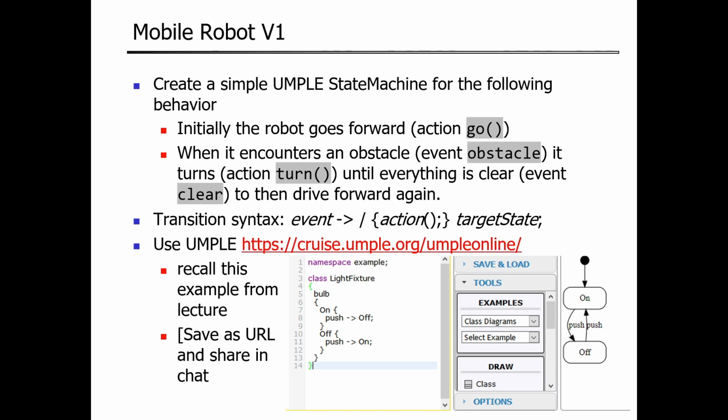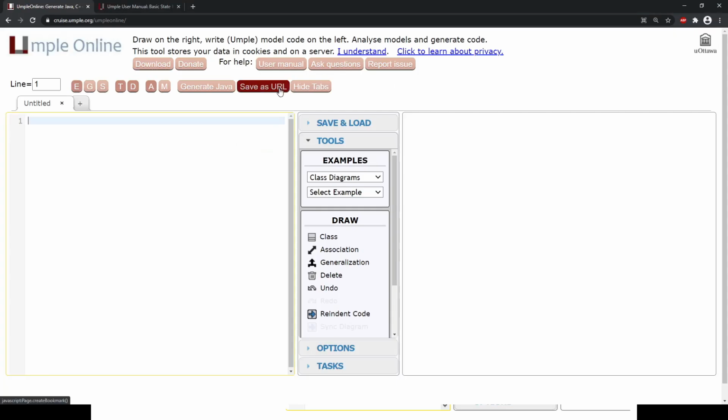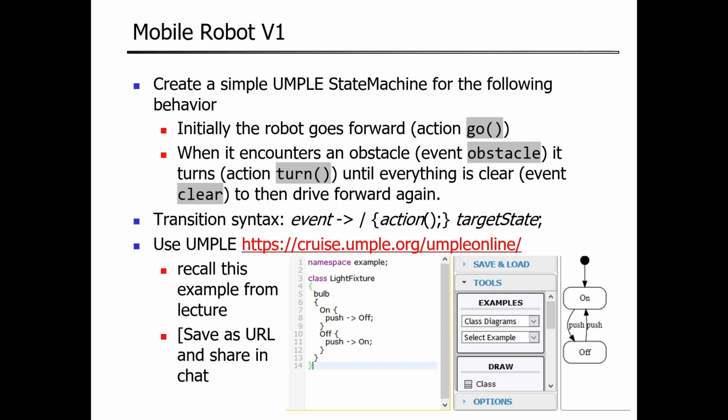Okay, if you have something that looks like a solution or something you would like to discuss, then you can click on this save as URL, and then the URL that appears up here you can post in the chat, and then we can have a look at it together and see whether this state machine is something we can put on our robot. The goal of this session today is to actually put it on the robot.